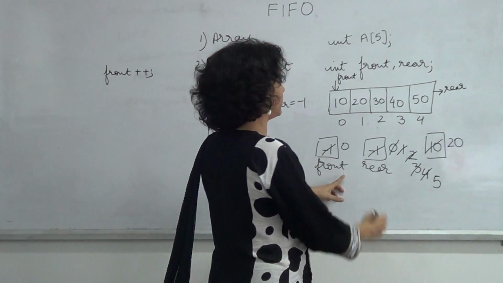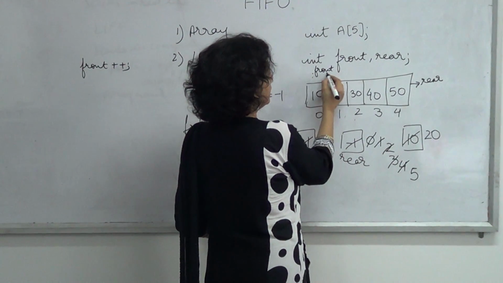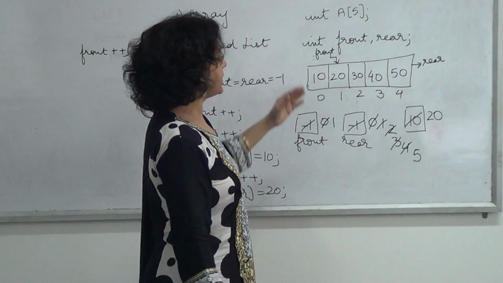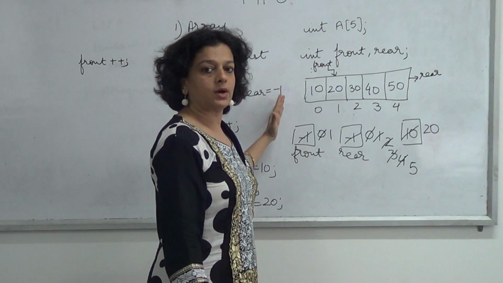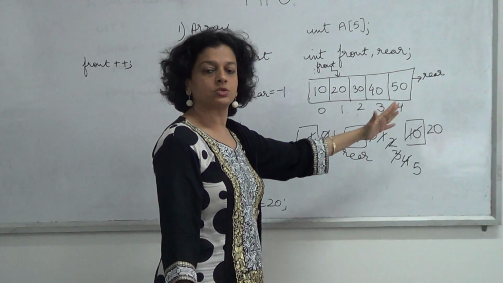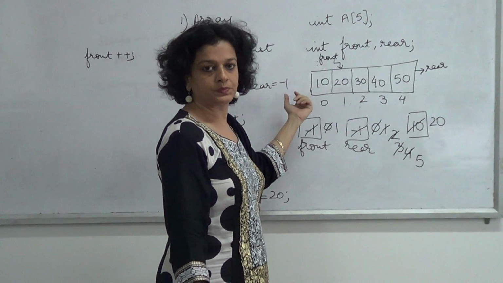My front will become 1. Now instead of pointing to 0, front will point to 1. Even if the value 10 is written here, we are not bothered about it because we read our queue only from front till rear. Whatever is written before the front is not meaningful.